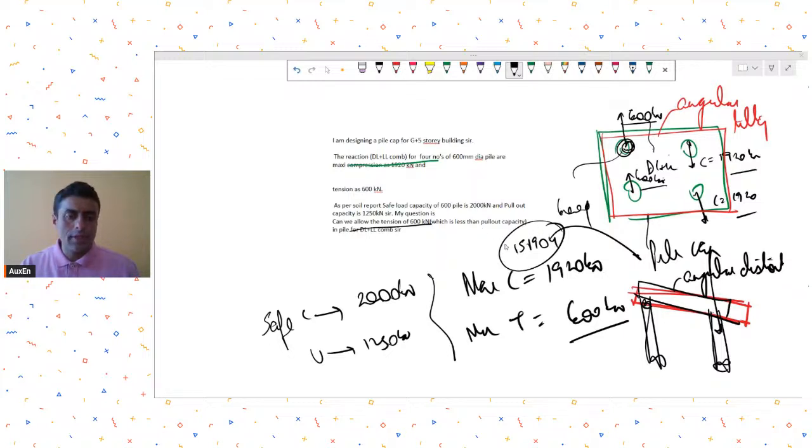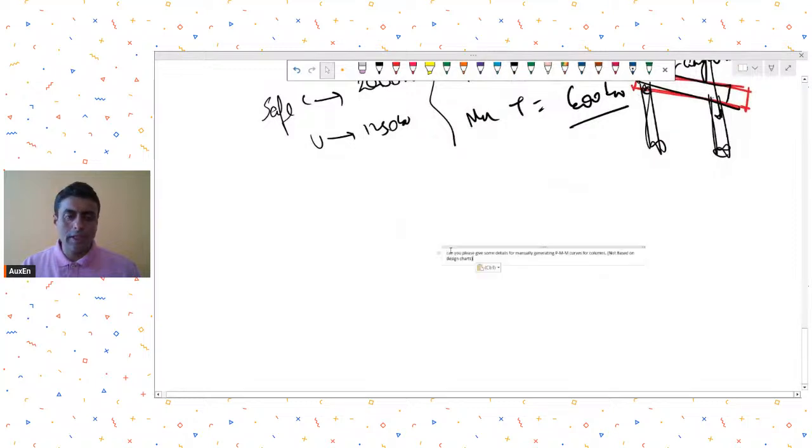Even though your dead plus live combination pile has 600 kilonewton uplift, because it is less than the safe capacity of the pile, we will allow it. The only thing to be checked is the angular distortion of the pile, and the limit is given in IS 1904.